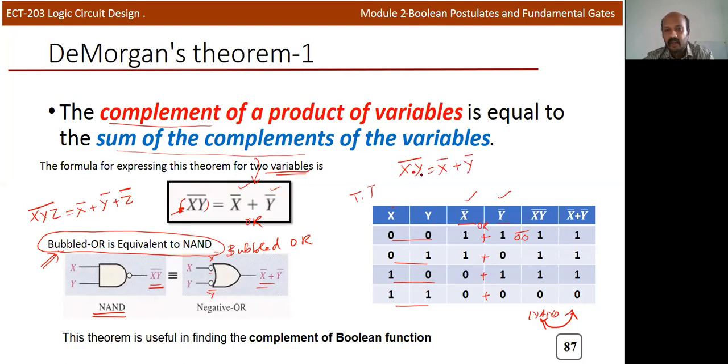So here the AND operation becomes an OR operation, and you need to take the individual complements. This theorem is very useful for finding the complement of a function. We'll see later how we can use De Morgan's theorem to simplify Boolean functions.